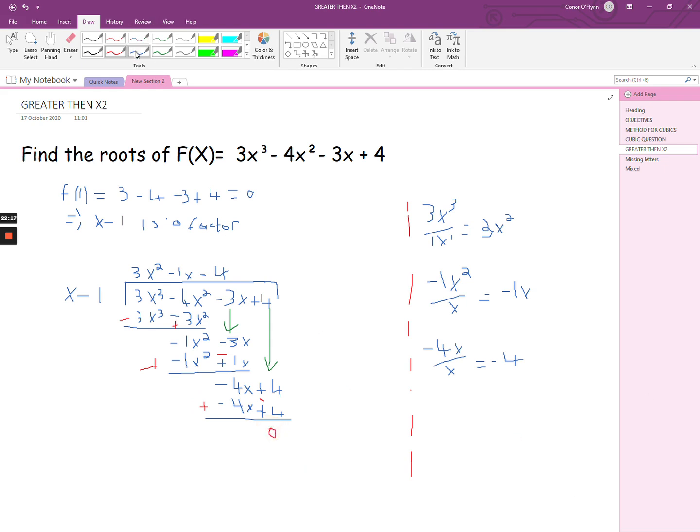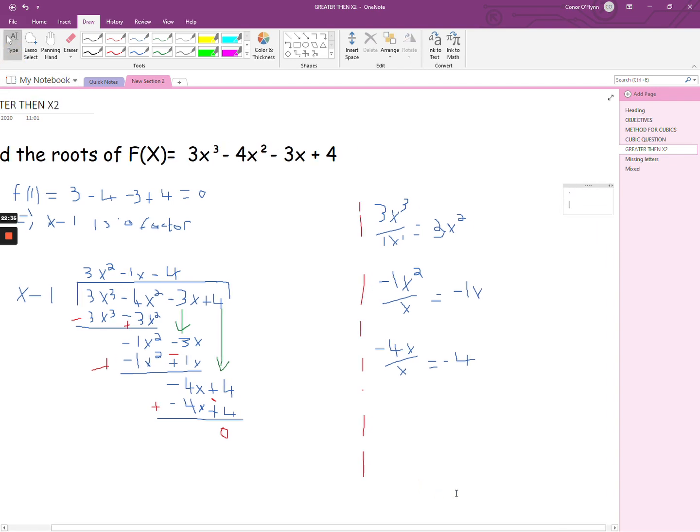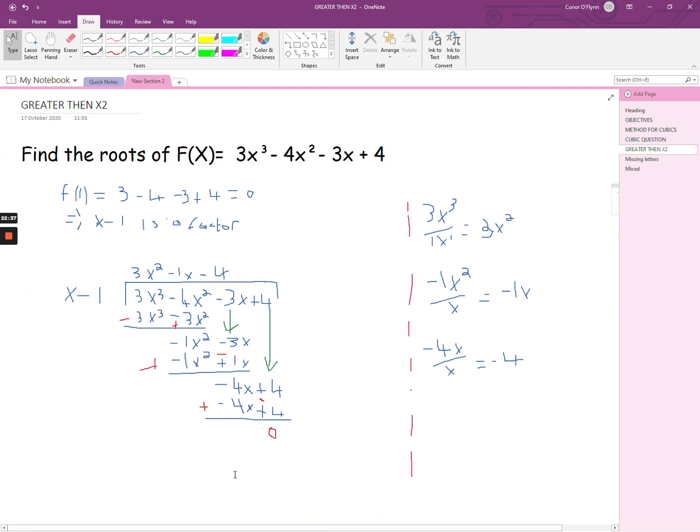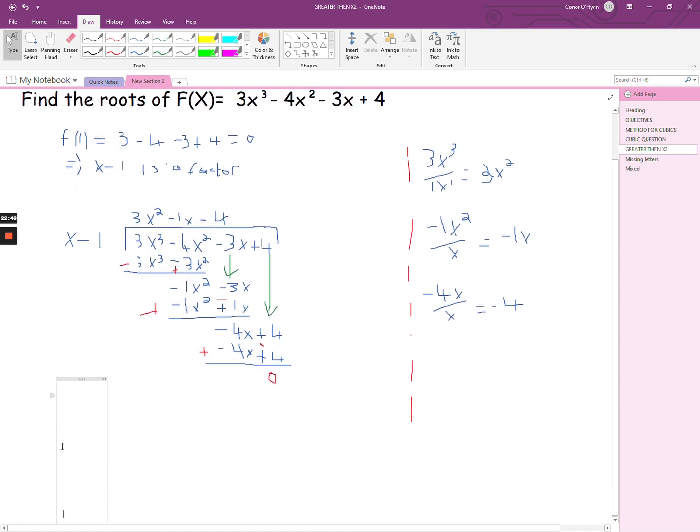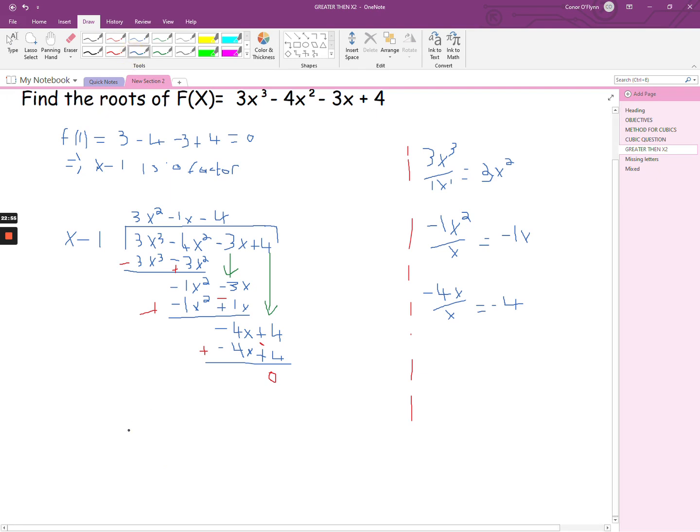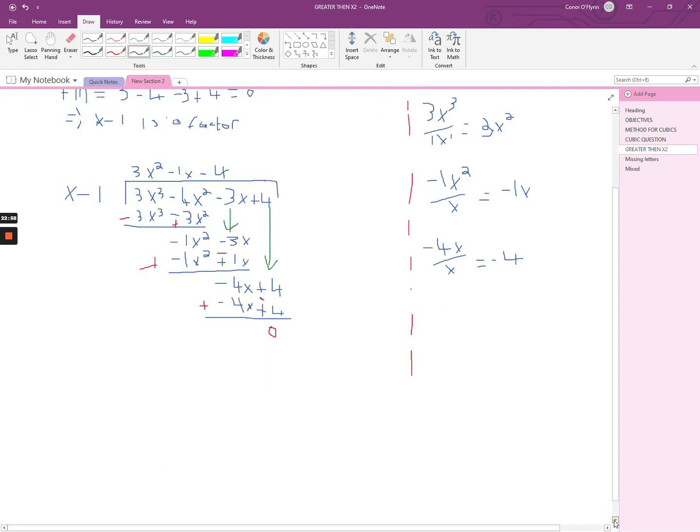Right, so now we say you have to factorize the quadratic.